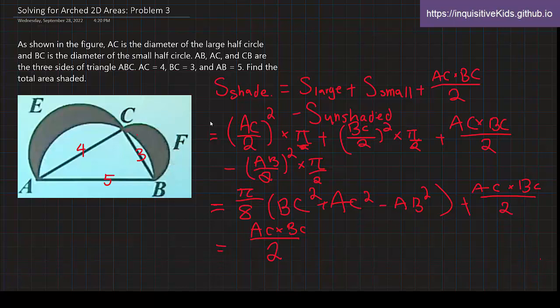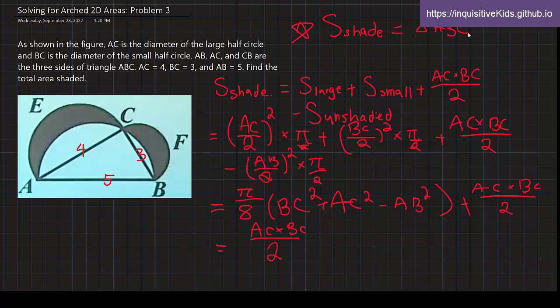So what we just found is that the shaded area right here is equal to triangle ABC. This is an observation that doesn't apply only to this problem, but to many other figures as well.